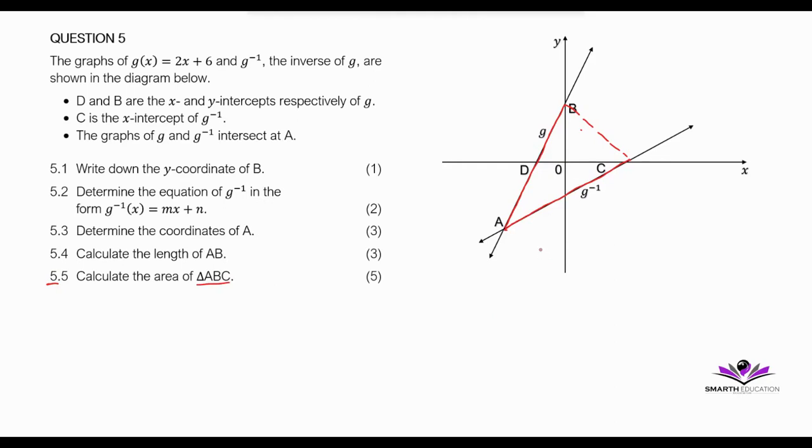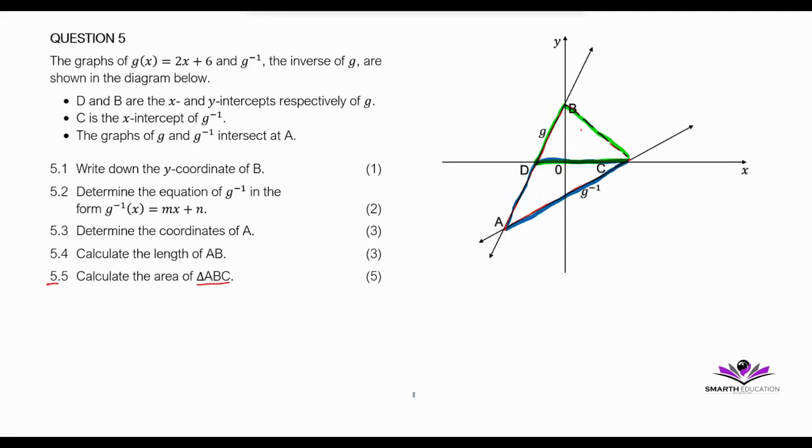So the first method, we can divide this triangle into two triangles. Let me highlight the two triangles. We have triangle BDC, the green one, and then we have triangle ADC, the blue one. Right.